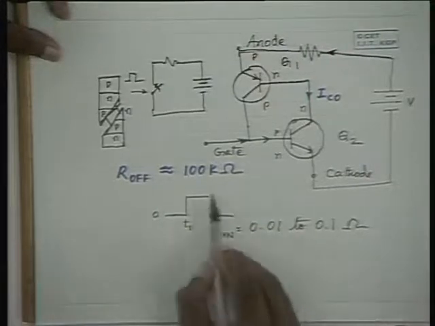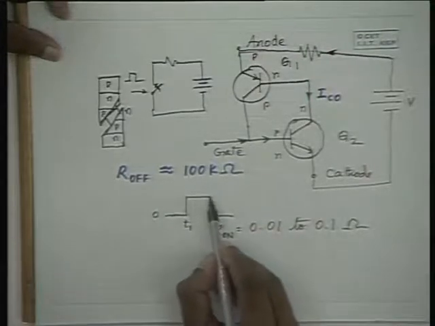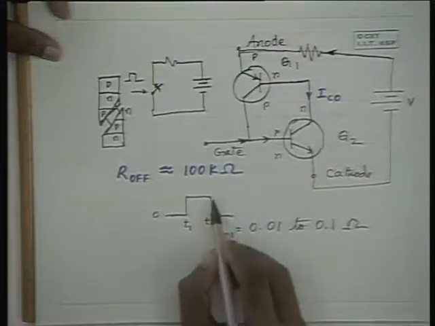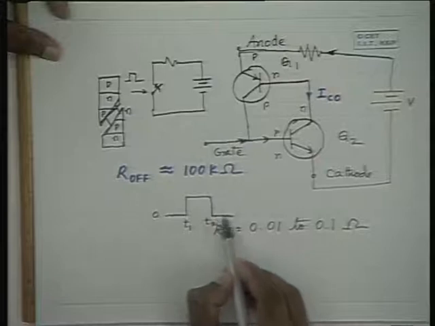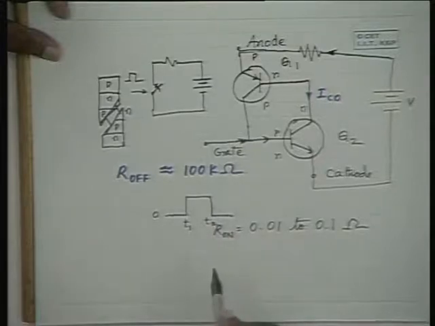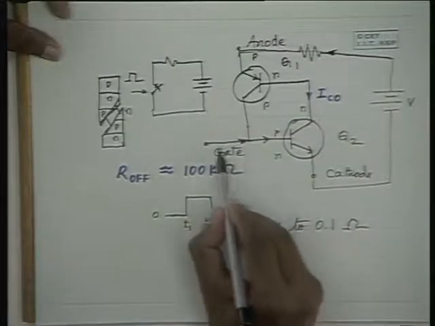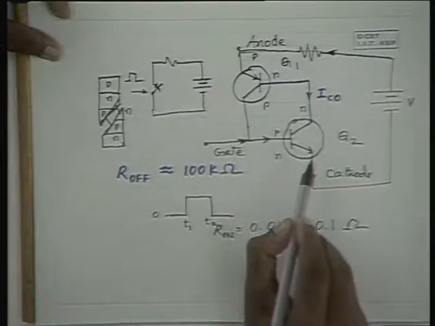Now, if the gate potential is brought down to 0 at t equal to t2, then what happens? If this is brought down to 0, naturally no further gate current flows into the circuit. But what happens to the circuit? The circuit is already on.